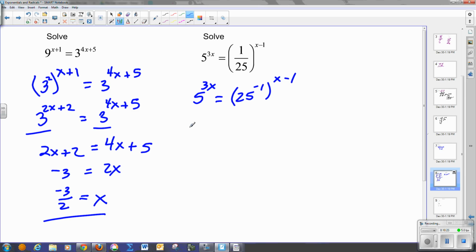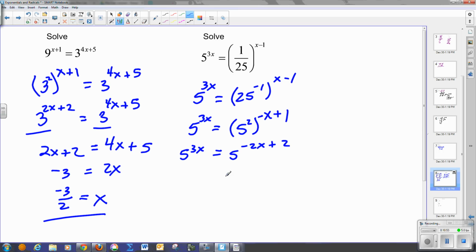And then I know that 25 is just 5 squared. So I have 5 squared to the negative x plus 1 power. I'm going to multiply these powers together while I'm at it, which gives me 5 to the 3x is equal to 5 to the negative 2x plus 2.